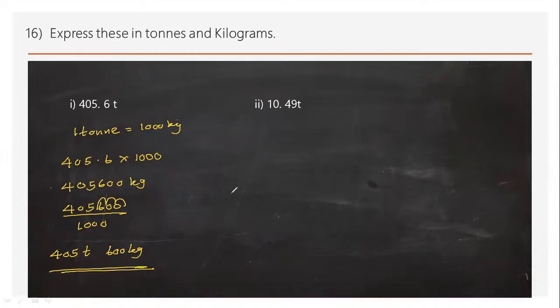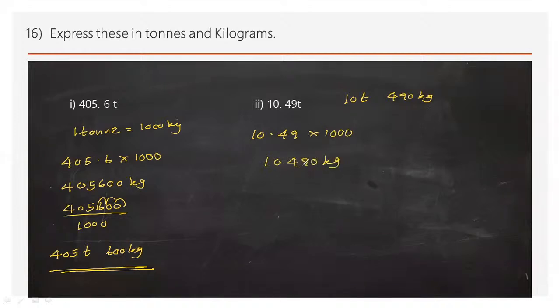Even here you can write 10 tons and 490 kilograms. It's okay, I will do this one also. 10.49 tons means you have to convert it to kilograms by multiplying by 1000. 10,490 kilograms.